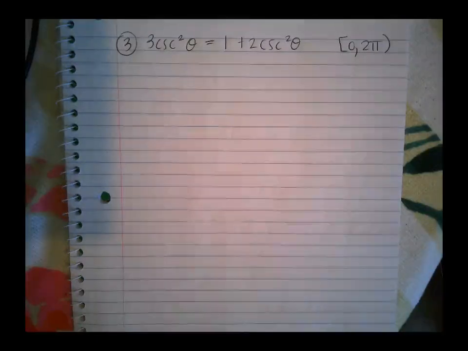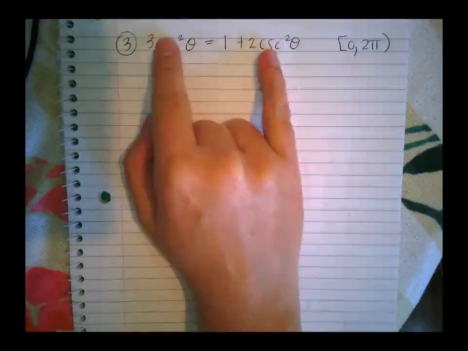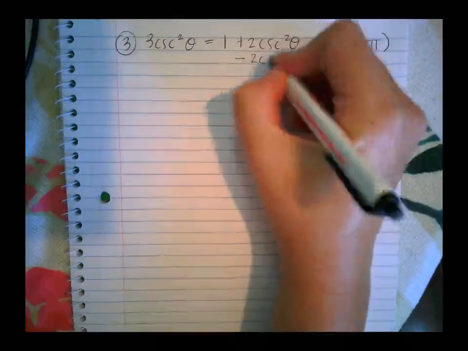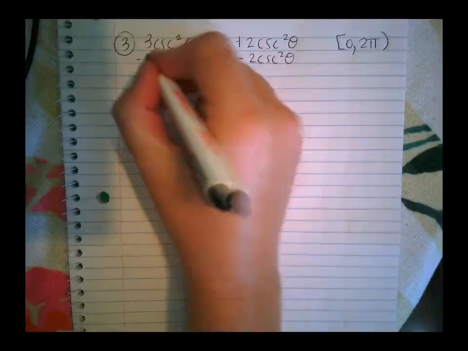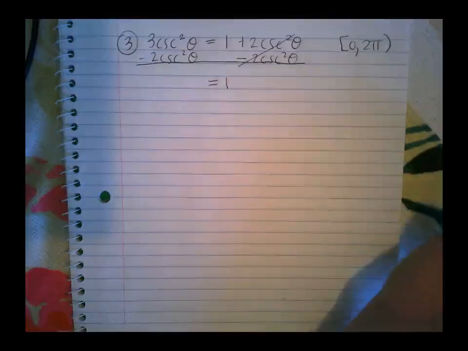So on this first one, number 3, the first thing to look for is always whether or not you have any like terms. We talked about like terms, how to identify them. So cosecant squareds are alike, so I'm going to combine them. As I do that, I just want to let you guys know that as we work through these problems, even though they are cosecant, everything is basically exactly the same until the very last step.